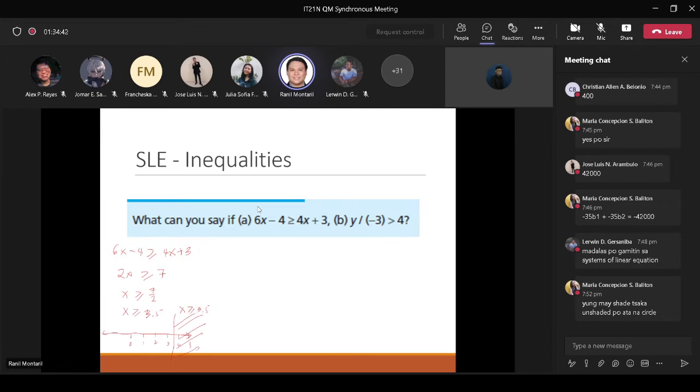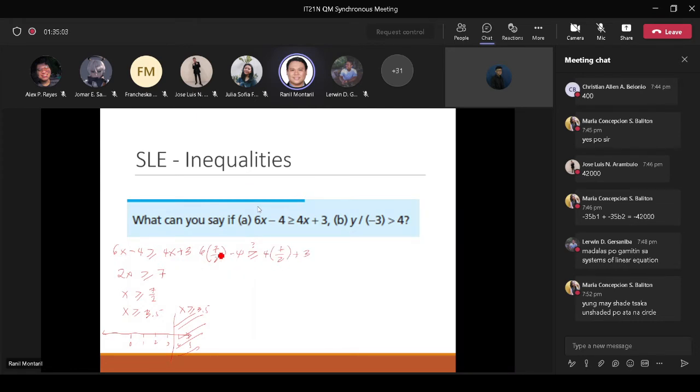So if we apply 7 over 2 to this equation, should it satisfy? 6 multiplied by 7 over 2 minus 4, is it greater than or equal to 4 times 7 over 2 plus 3?